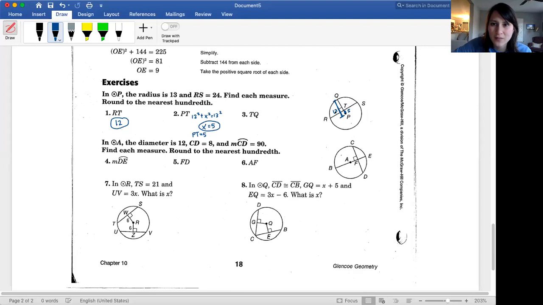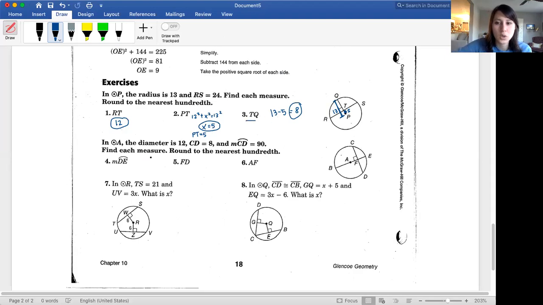It's 13, right? So if this tiny segment is 5 and the entire radius is 13, how could I find the remaining part from Q to T? Well, I could just subtract 5 from 13. And so that would be 8, right? QT would be 8, or TQ would be 8.